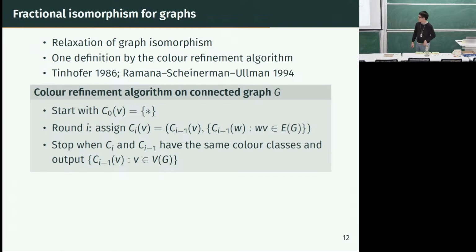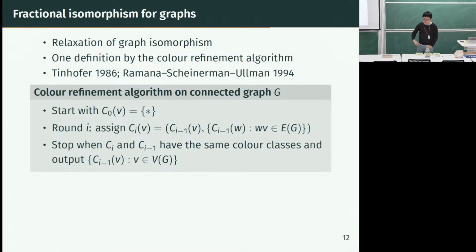It's just a choice. And the way I'll refine my coloring is as follows. This basically proceeds in rounds. And in each round, to extend the coloring, I take the current coloring of my vertex and I append to it a multiset of the colors of all its neighbors. Right.